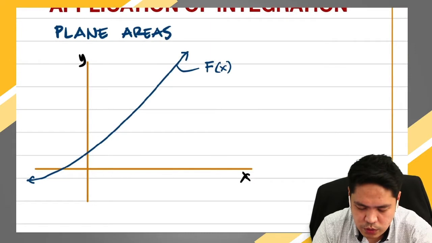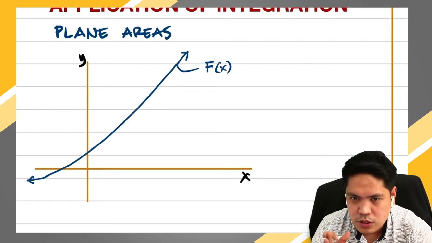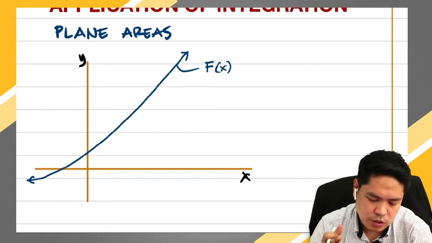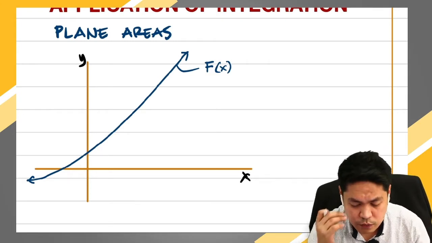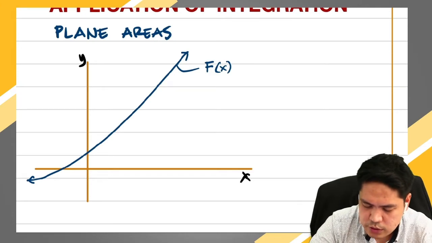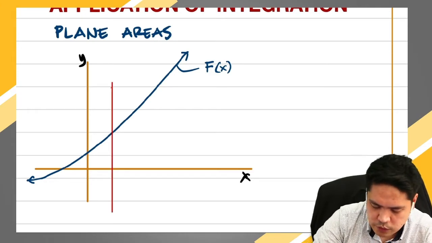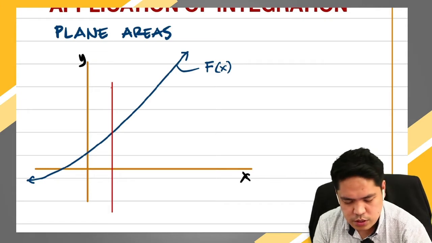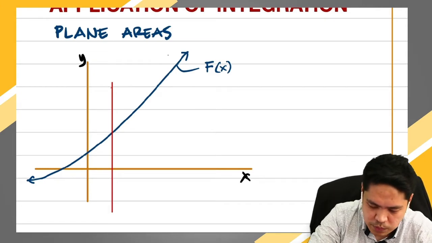And we want to determine the area of a certain region under this curve, or it could be at the right of the curve or under the curve. So suppose we wanted to determine the area from this point or that level up to here.